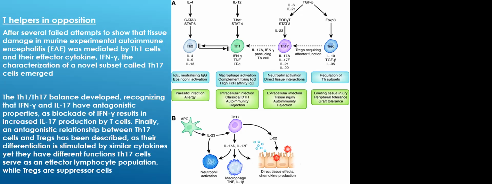But then we started learning that there is something else beside Th1 and Th2, when we started trying to treat a lab model that we can induce in rats, an equivalent of MS. It's called murine experimental autoimmune encephalitis, an MS of the lab.